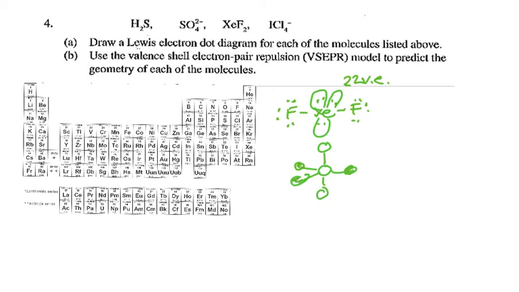So I have 3 lone pairs, and all 3 of these are going to be lone pairs, like that. So the shape that's left is clearly linear, and the bond angles are going to be 180 degrees.